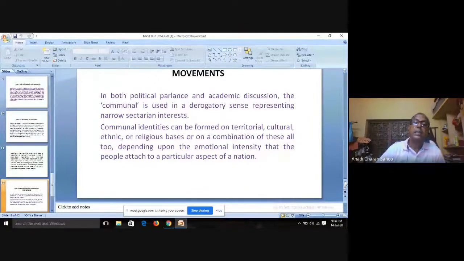Communal identities can be formed on territorial, cultural, ethnic or religious basis, or on a combination of these, depending upon the emotional intensity that people attach to a particular aspect of a nation.